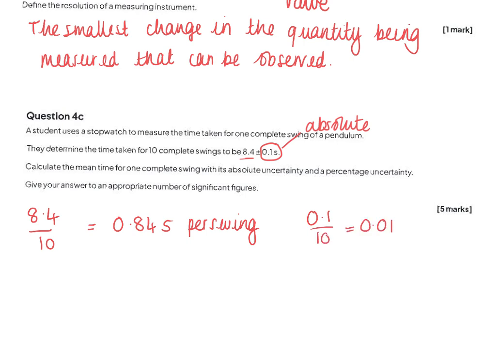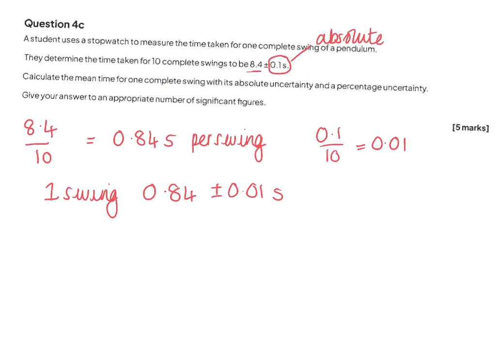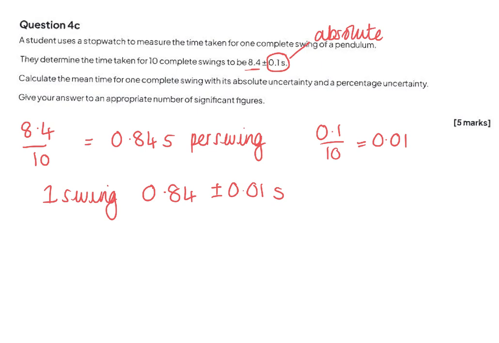So that means that for one swing, it's going to be 0.84 plus or minus 0.01 seconds. So you can see that our uncertainty has decreased. That means our results are basically better because we've done it over 10 swings rather than one. Our results are more precise.